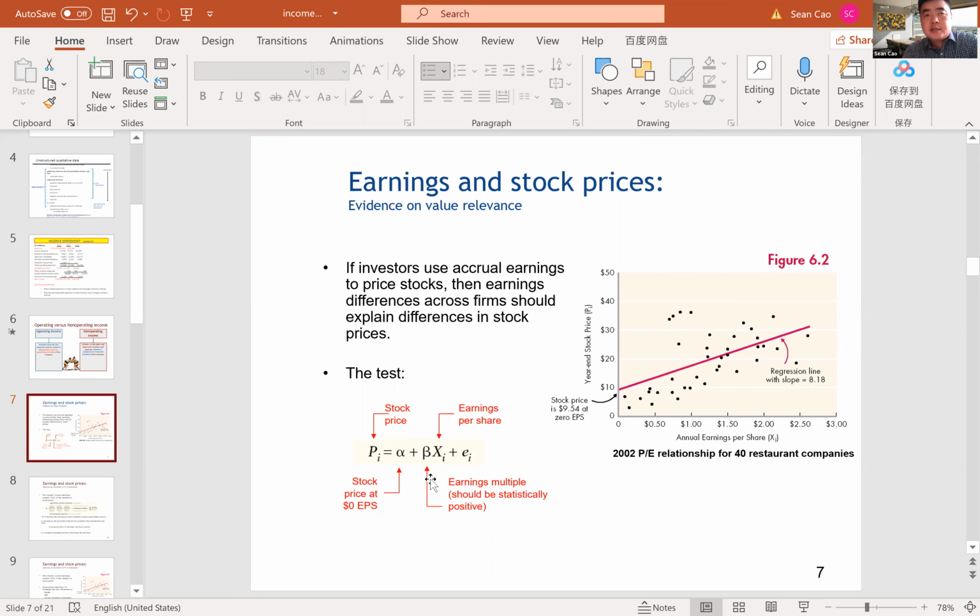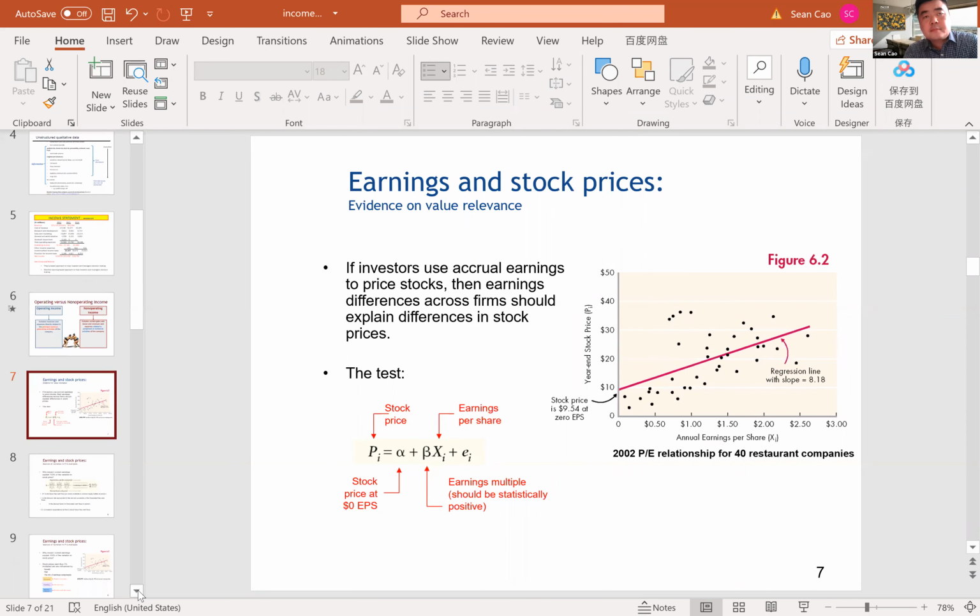Let's say Microsoft has $1 earnings, the price is 20, that beta is 20. So why does $1 earnings lead to a $10 stock price increase for some companies, but sometimes $1 earnings leads to a $20 stock price increase? Why is the beta higher for some firms and lower for others? We want to get the intuition out.